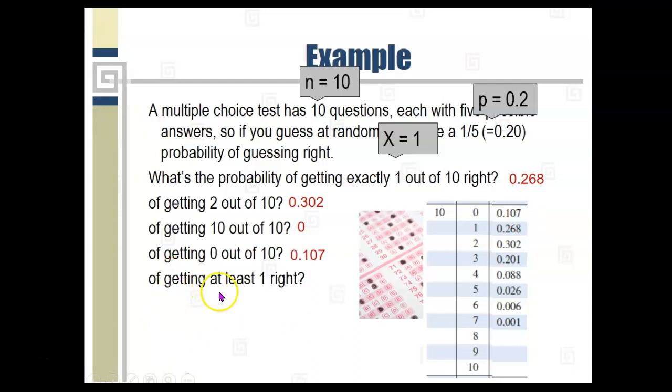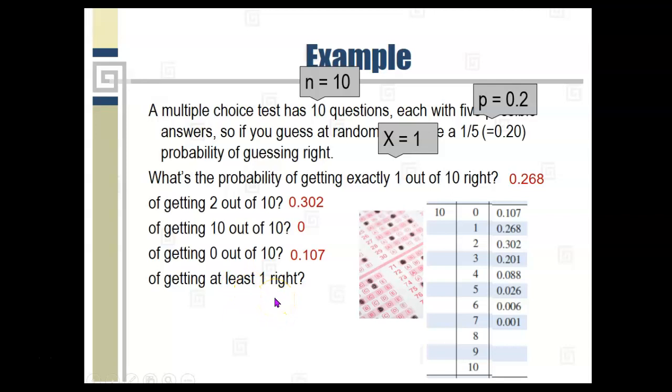Now, what's the probability of getting at least one question right? Ooh, you know what? That's something we've talked about before. Getting at least one right is the complement of getting none of them right, getting all 10 of them wrong. So it's got to be one or the other. If you get all 10 wrong, that means you did not get at least one right.